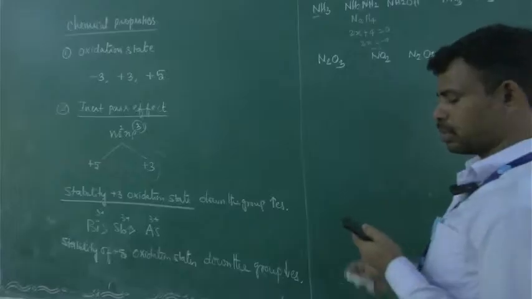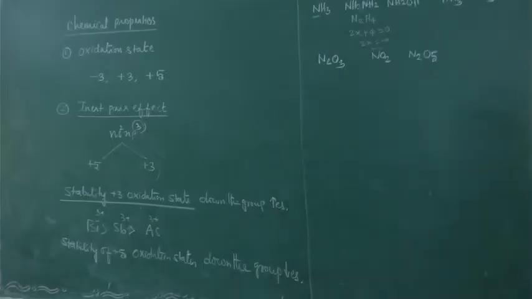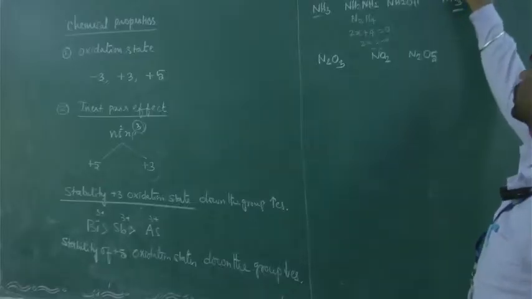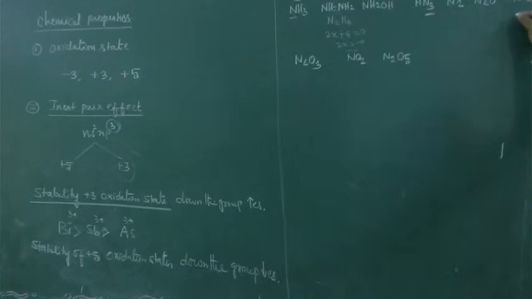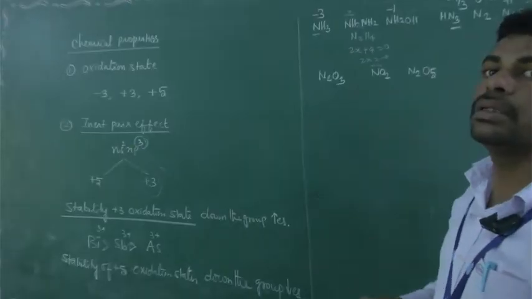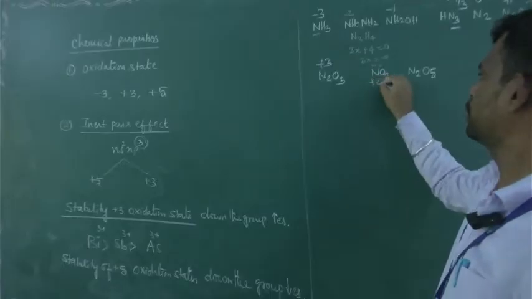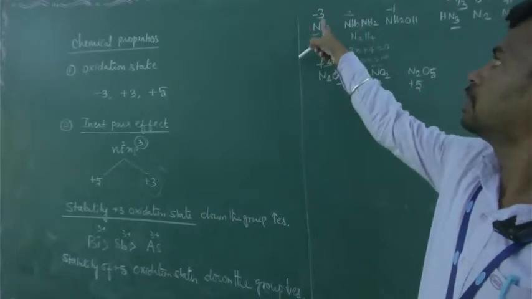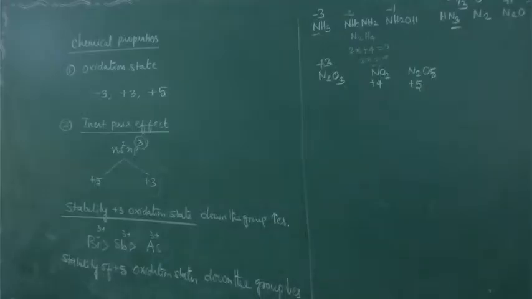It is -1. Next one, -1/3. Very good. Then 0, +1, +2, +3, +4, +5. So here the oxidation states of nitrogen range from -3 to +5.